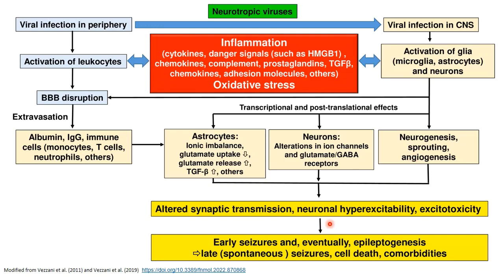Altered synaptic transmission and neuronal hyperexcitability due to glutamate results in characteristic seizures, epileptogenesis, and cell death. In addition, it must also be noted that infection of the CNS can result in a characteristic formation of a microglial nodule and reactive astrocytes, as well as cause an oxidative damage to the neurons, resulting in a characteristic neuronal necrosis.